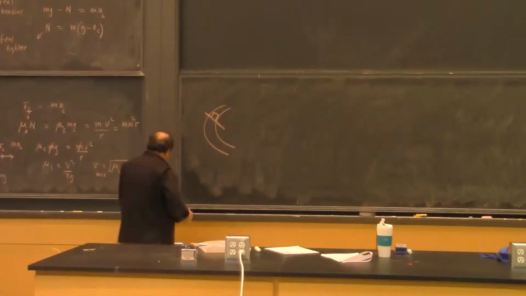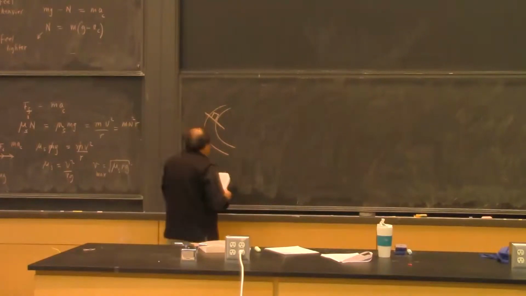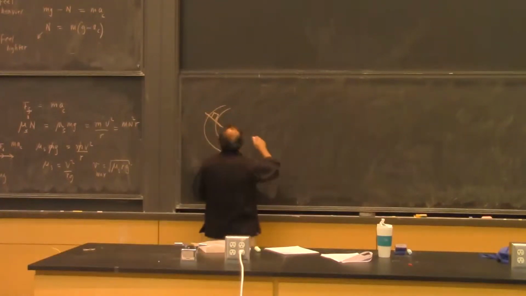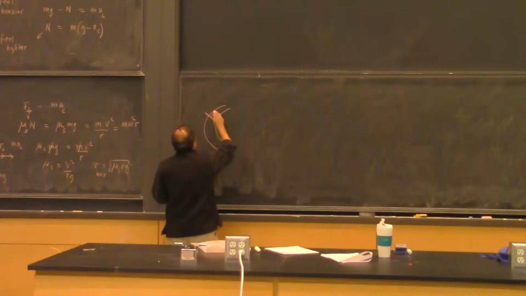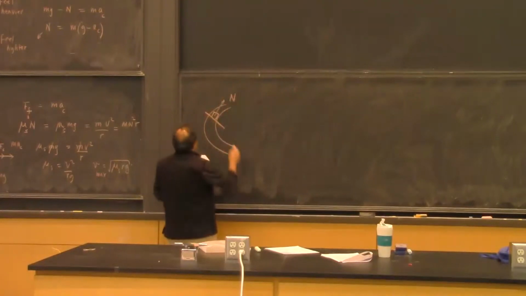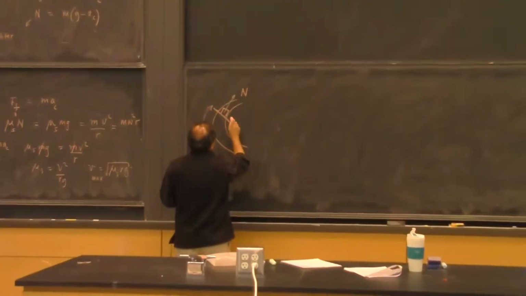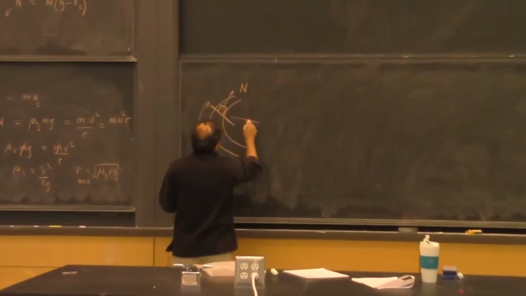But suppose this is your car, okay? This is your car. So let us draw a free body diagram. So this is the surface, and this is your car. So therefore, you will get a normal force from the surface, and let us say this is the direction of the normal force. And obviously, since you're going around the circular track, there is a centripetal acceleration inward.